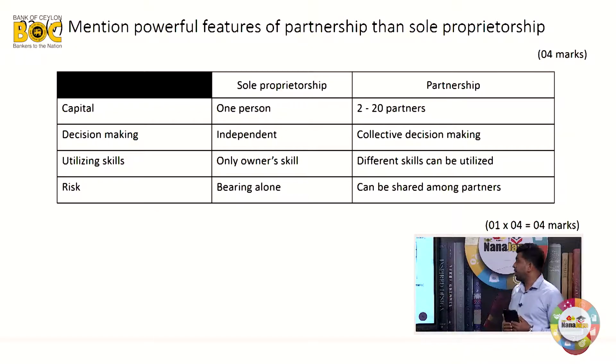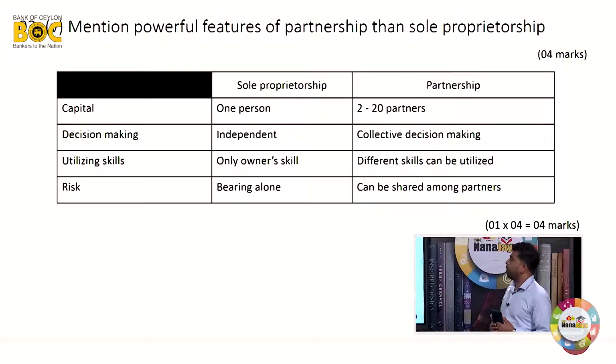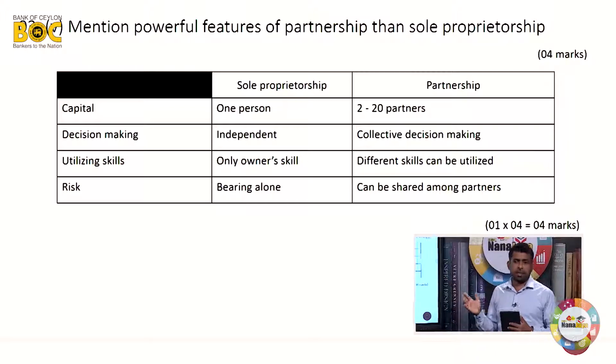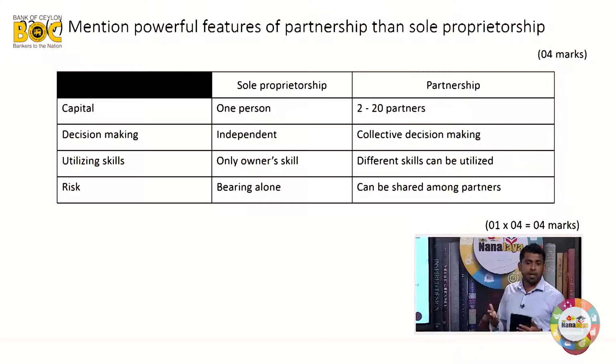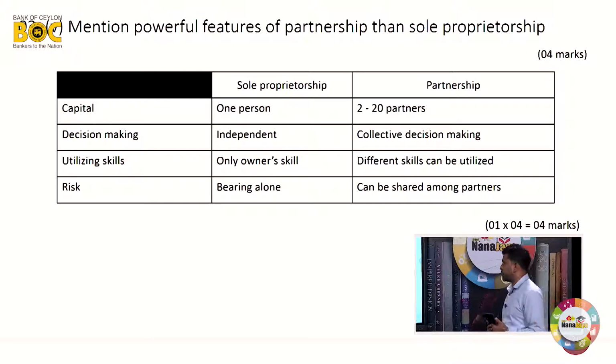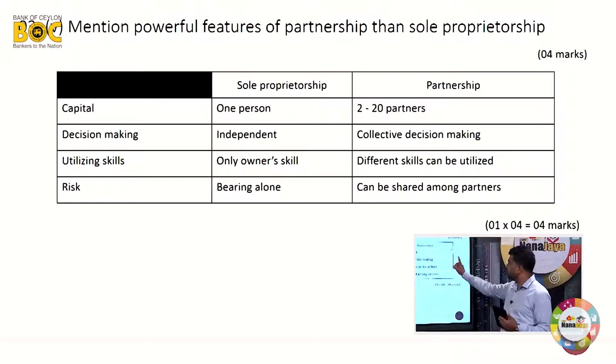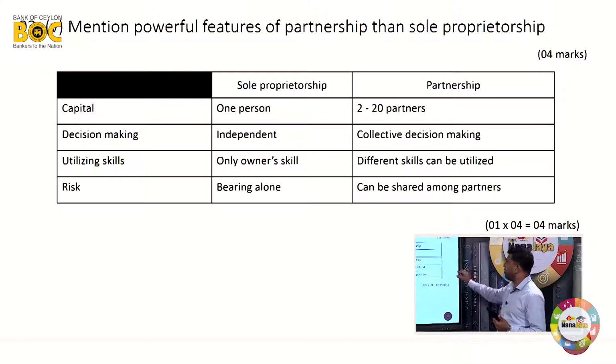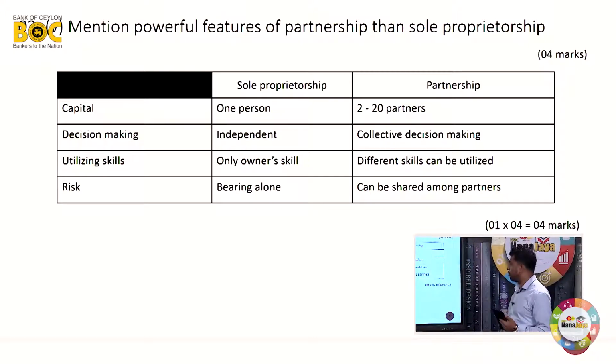It's a very significant feature in a partnership business. Risk. In a sole proprietorship, the owner has to bear the risk alone, but in partnerships, the risk can be shared among the partners of the business. So you have to show these 4 criteria, 4 things to get 4 marks. Let's move on to the next question.